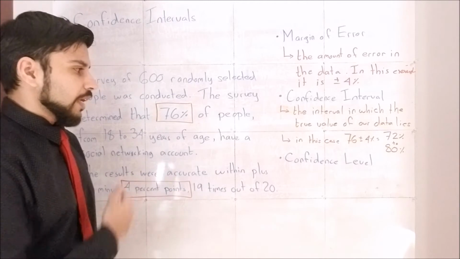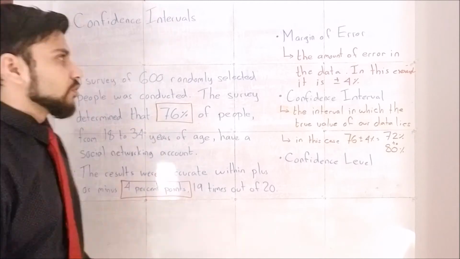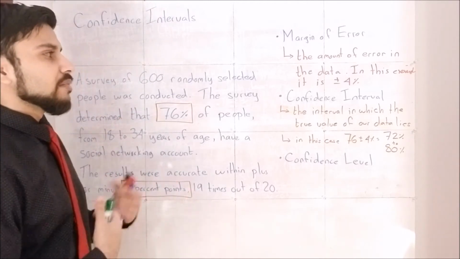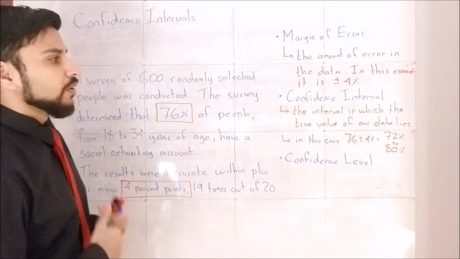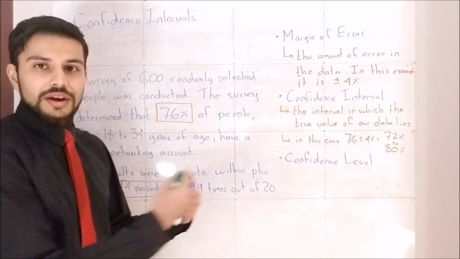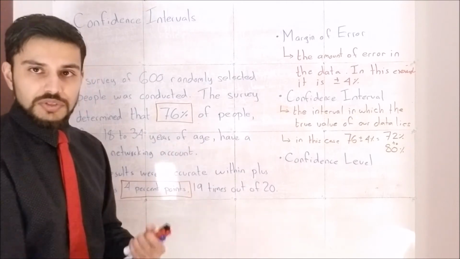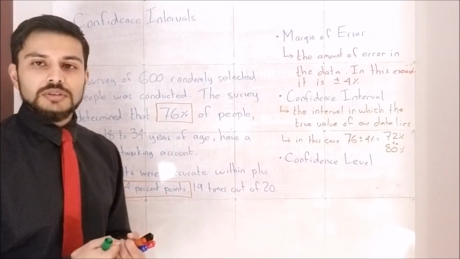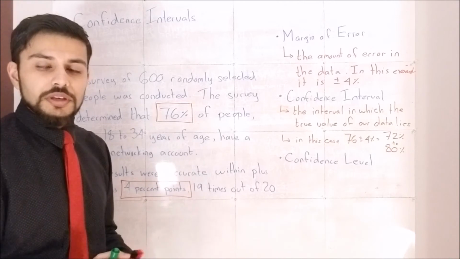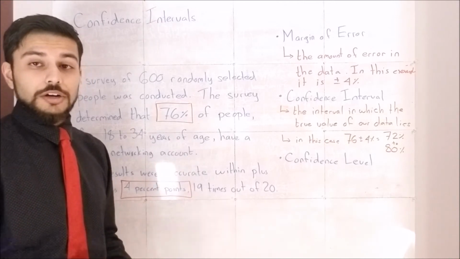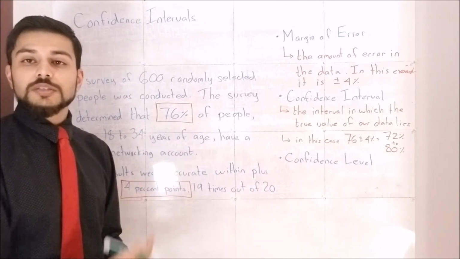And lastly, we have to look at something called a confidence level. So the margin of error is telling us the amount of error that's in the data. The confidence interval is telling us where that number is going to lie within our margin of error, so it gives us an interval. The confidence level tells us the probability of error in our experiment. In this case, our experiment is done.